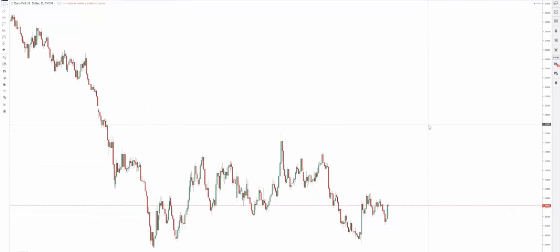So what I'm going to do here is just use something. I don't actually use parallel channel tools. I sometimes put trend lines on just to add some confluence to a potential trade idea. I don't use them, but it's just interesting.